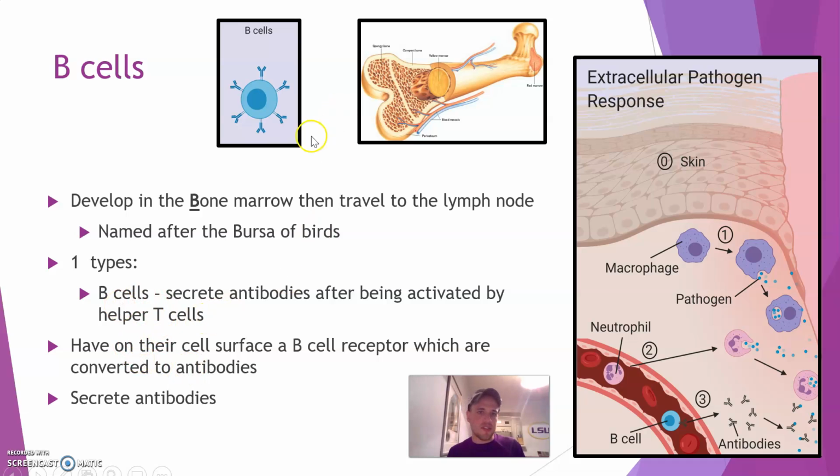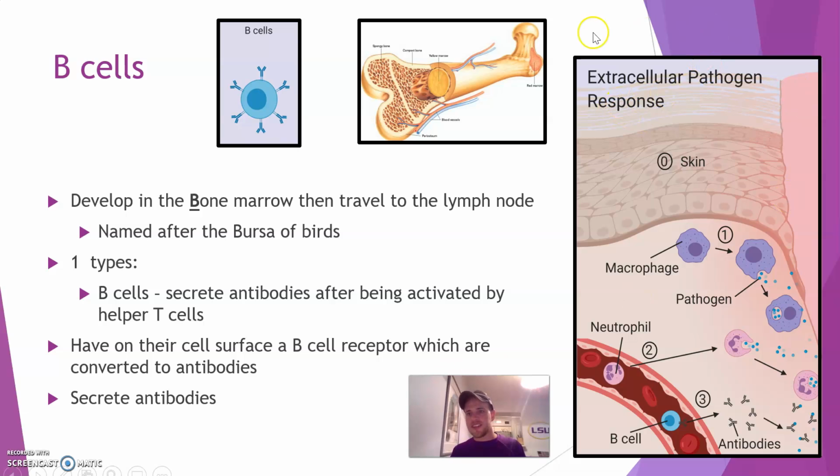And we'll talk more about antibodies next slide, but just like how T cells have T cell receptors, B cells have a B cell receptor, and it's kind of different. It's got a little Y shape rather than a straight-on shape. But what happens is that these B cells secrete these B cell receptors, and when a B cell receptor is secreted, it's called an antibody.